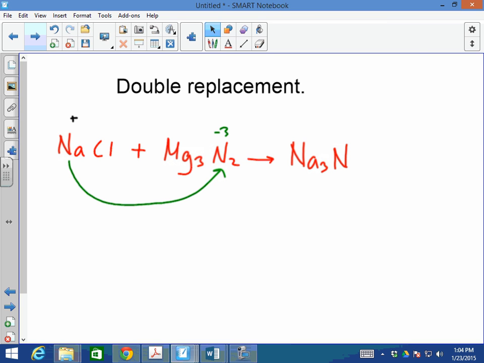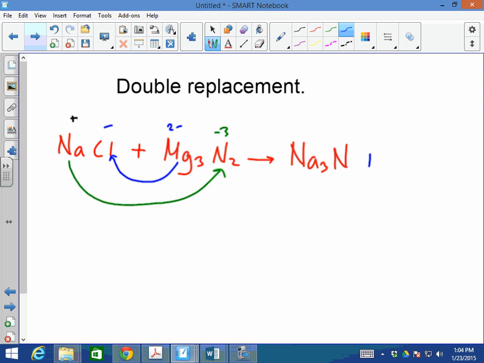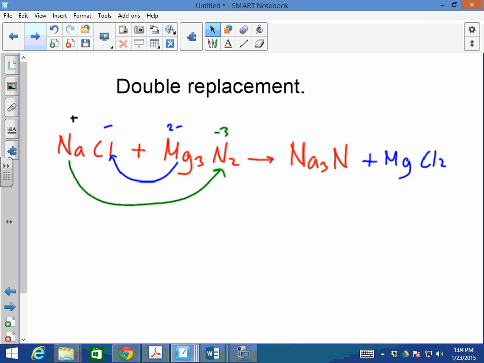What's left over is this metal with charge of 2 with that non-metal with charge of 1. Sodium nitride plus magnesium chloride. We could go ahead and balance this equation.